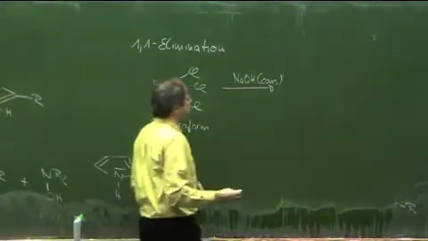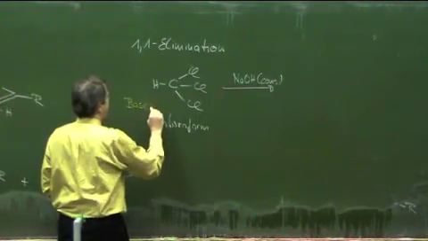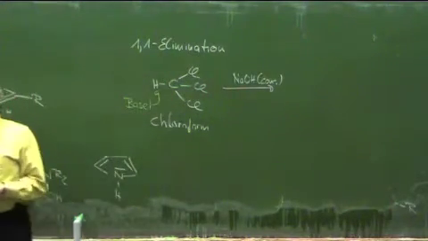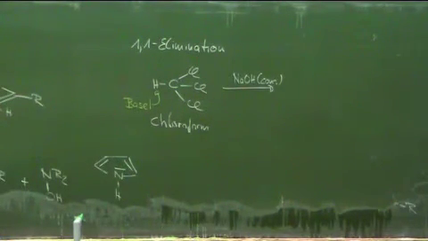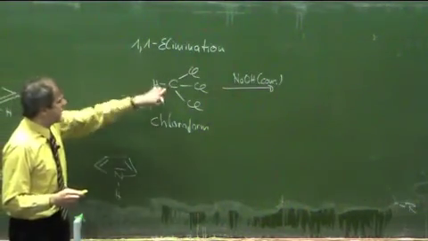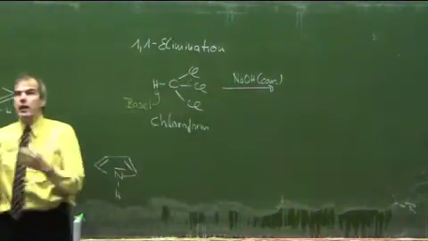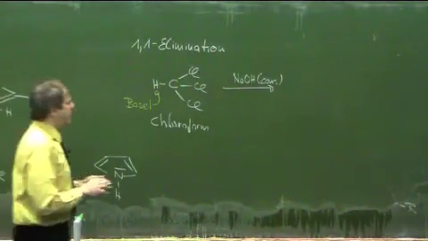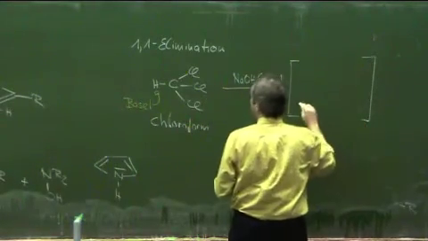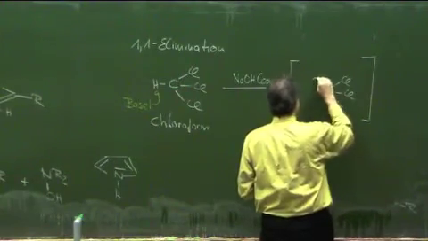But if you treat this, then also an elimination will occur, but this time it will occur from the same center, and this is why it's called a 1-1 elimination, because HCl will leave, in this case, from the same atom.